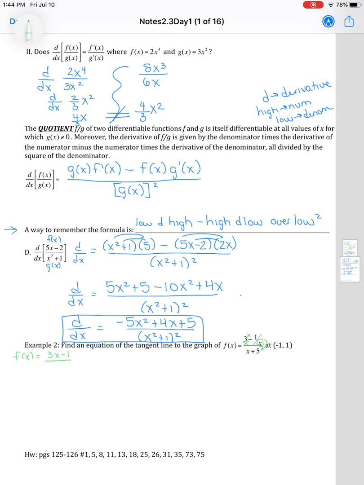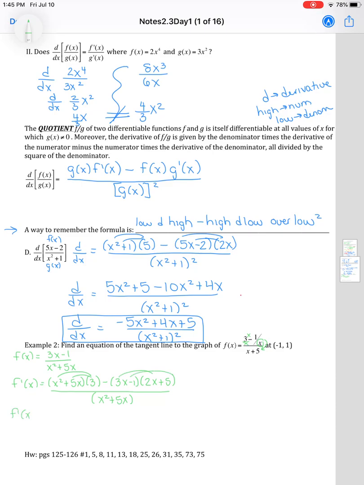So I get 3x minus 1, and that common denominator, I'm going to move down to the actual denominator itself, because in order to use the quotient rule, it can only be one item over another item. So the quotient rule says low, that's the denominator, D high, which is the derivative of the top, minus high, D low, which is the derivative of the bottom, all over low squared.